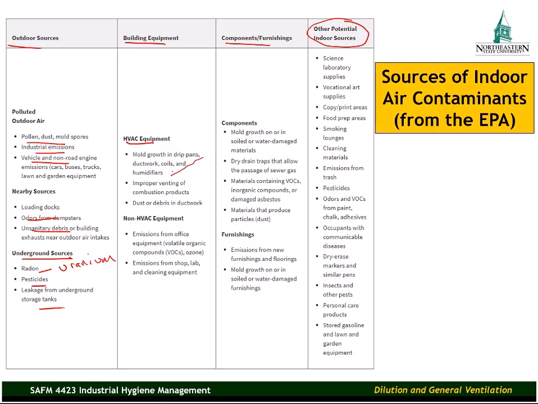That's something to consider. But more commonly, it's just going to be improper design of the system. The registers aren't in the right locations. The intakes are not in the right locations. The fan is not working properly. Something like that. Or it could be as simple as dust or debris in the ductwork.